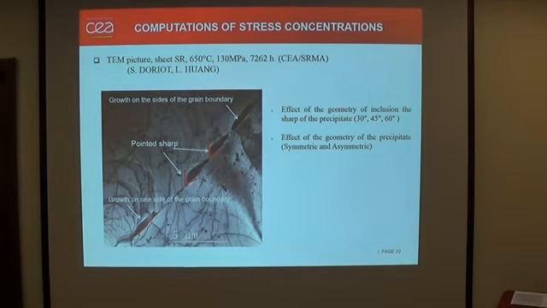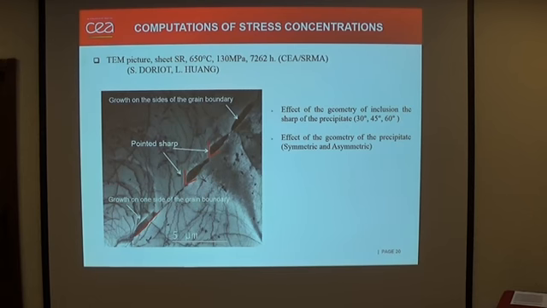From our TEM observation, we can find different geometries of the precipitate, which means that we can find pointed sharp and circular extremity. And we have precipitates that are symmetric compared to the grain boundary, and some of them are just on one side of the grain boundary.